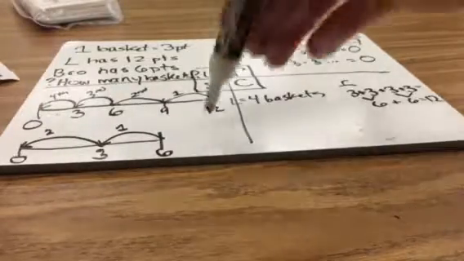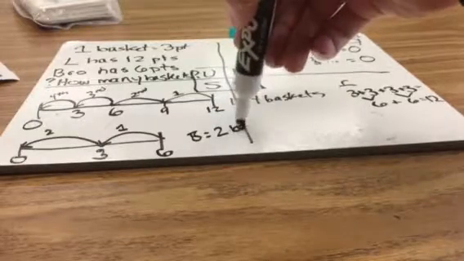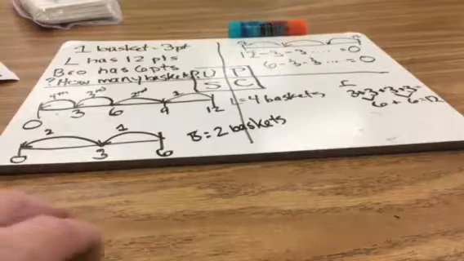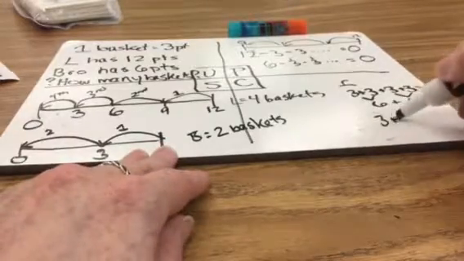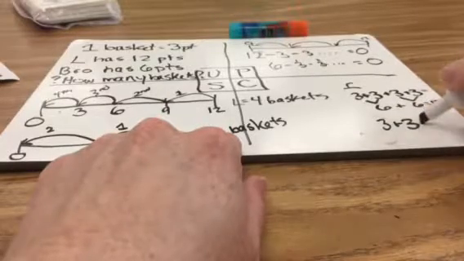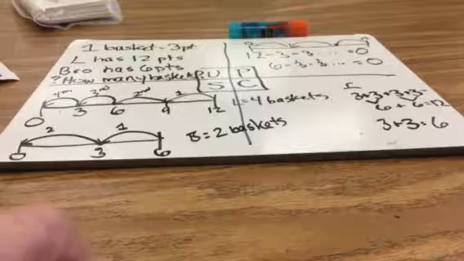So that's his second basket. So his brother we have as being 2 baskets. Again, we're going to check it. 3 plus 3, because we said 2. So 1, 2. Does 3 plus 3 equal 6? Yep, so we're good there.